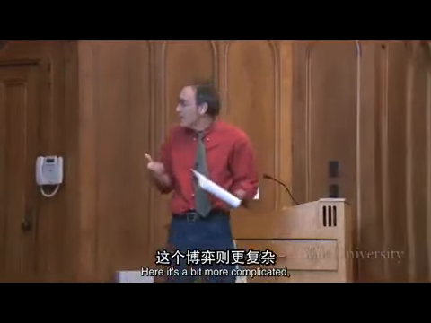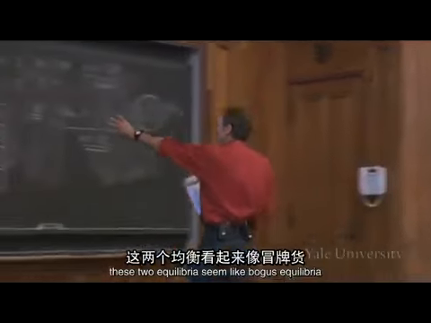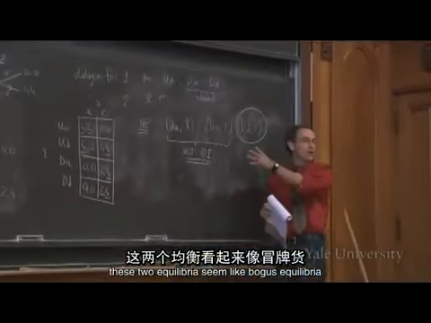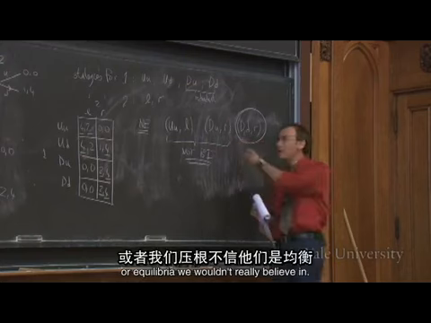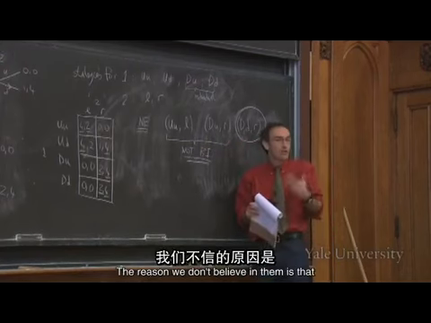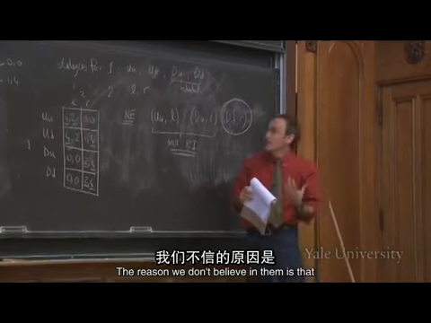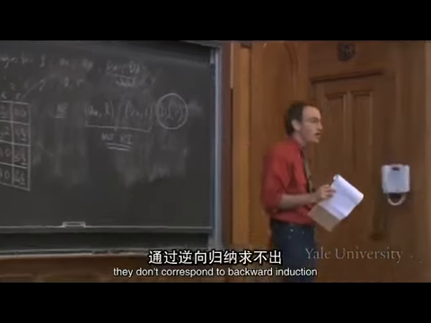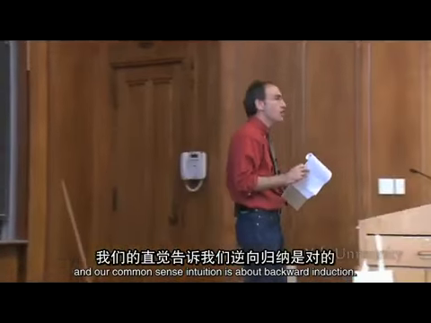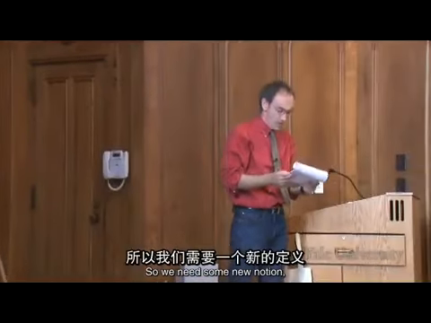Here these 2 equilibria seem like bogus equilibria, or phony equilibria, or equilibria we wouldn't really believe in. And the reason we don't believe in them is that they don't correspond to backward induction and our common sense intuitions about backward induction.